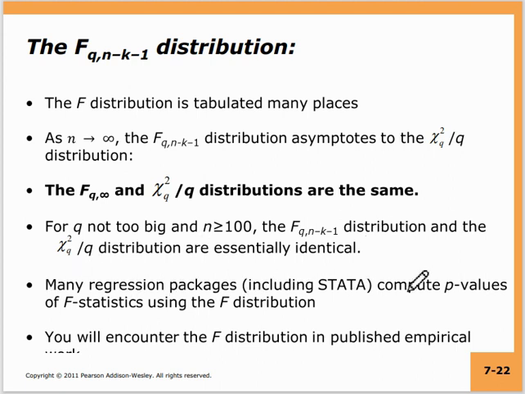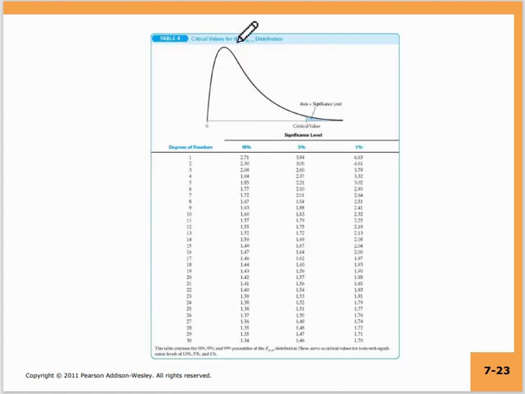Many regression packages compute p-values of F statistics using the F distribution. So this is a table of values given for the F(q, infinity) distribution. The second degree of freedom is given as infinity for different values of q, because we usually assume large samples.